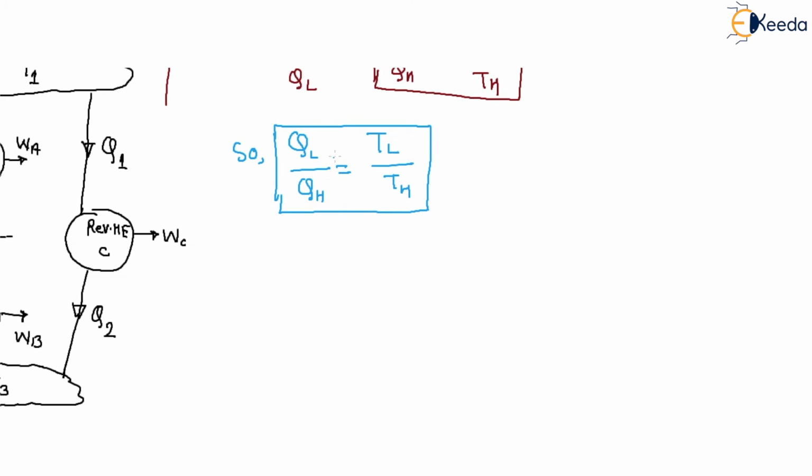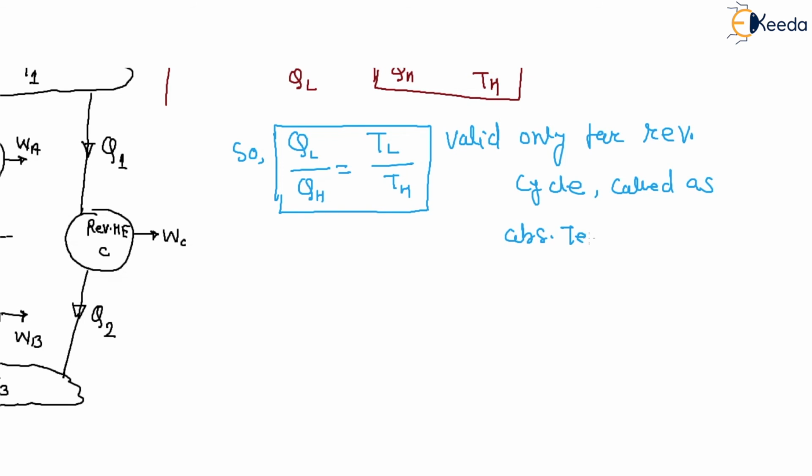This is valid only for a reversible cycle, called the absolute temperature scale, right?